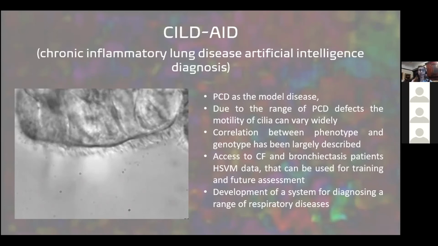And why are we doing this? PCD is a great model disease to use videos because all the patients that come to clinic have a nasal brushing, and each nasal brushing generates in a routine setup at least 10 videos.